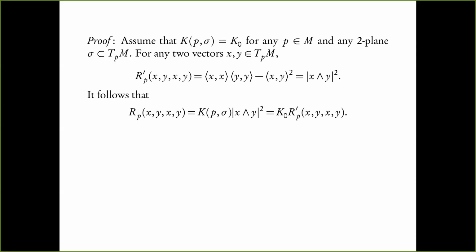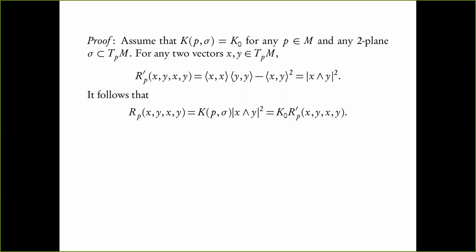What is R_p of x, y? Well, it's nothing but the Gaussian curvature of the plane sigma times the area squared. Because remember, how did we calculate the Gaussian curvature? The Gaussian curvature was the Riemann curvature tensor of x, y divided by the area of the parallelogram squared.